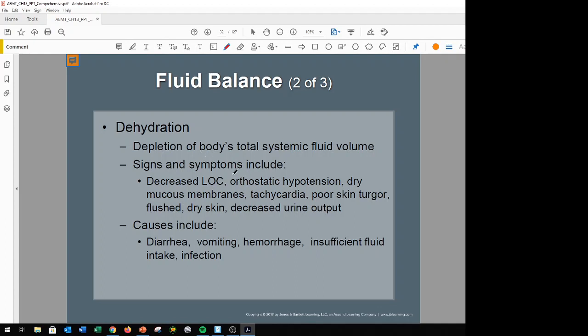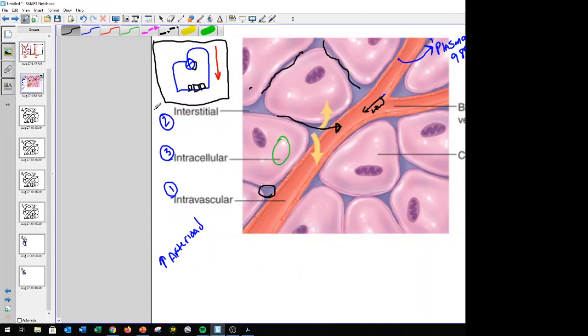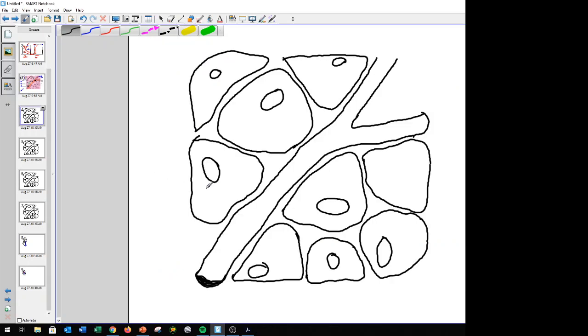Dehydration. All right, it's defined as a total depletion of the body's systemic fluid volume. Let me slide back over here. So let's look at it.